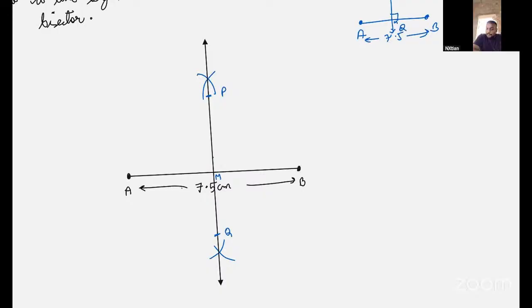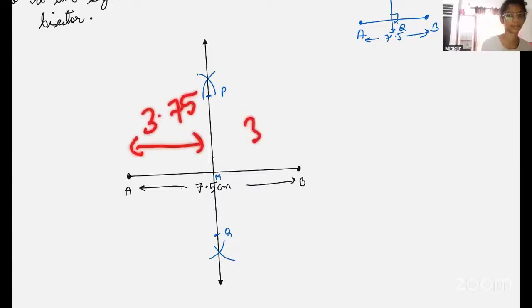I mean 3.75, no? It should be 3.75. Everyone done? Shall we move to the next topic? Yes, sir. It's 90 degrees. So, 90 degrees, and this should be 3.75. Okay, the measurement.